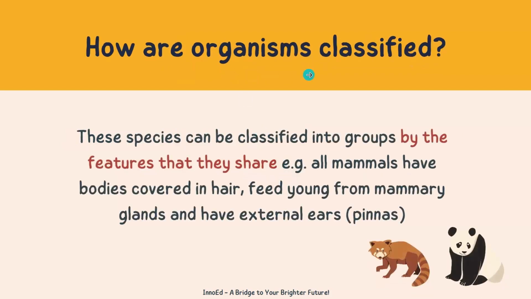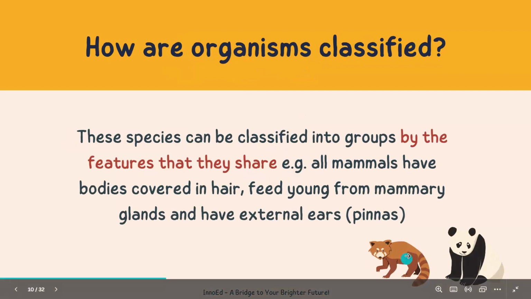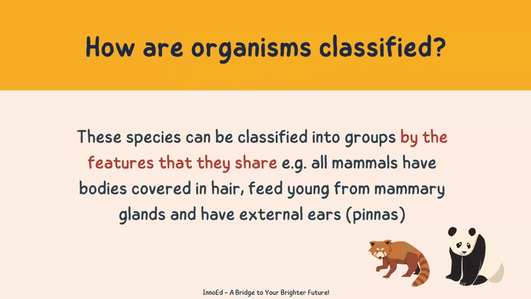How are organisms classified? Organisms are classified according to the features that they share. If an organism is covered in hair or fur, and if they feed their young from mammary glands, and if they have external ears, they all are called mammals because they share the common features.